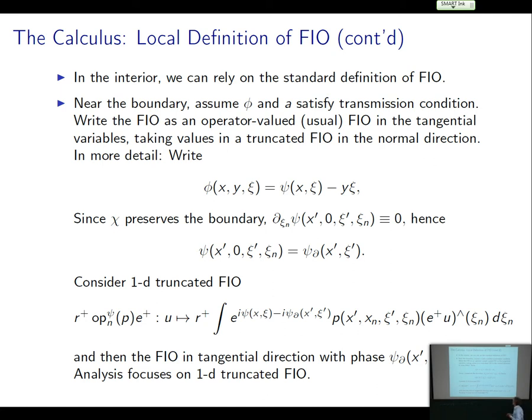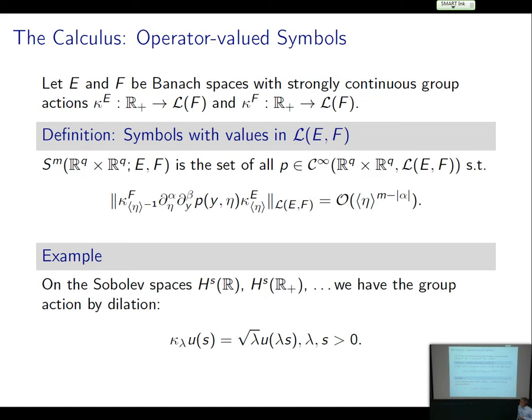Okay, and now because we think we understand what happens in the tangential direction, we only have to focus on the one-dimensional normal direction. Just to advertise this a little bit, because it plays a big role in the calculus of Boutet de Monvel, and it helps if you understand these operators as operator-valued pseudo-differential operators.